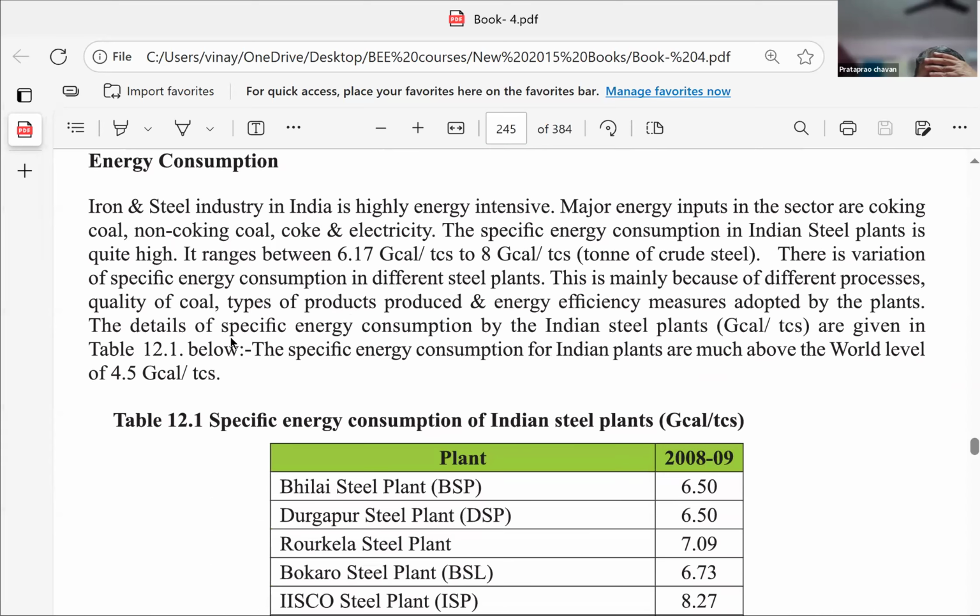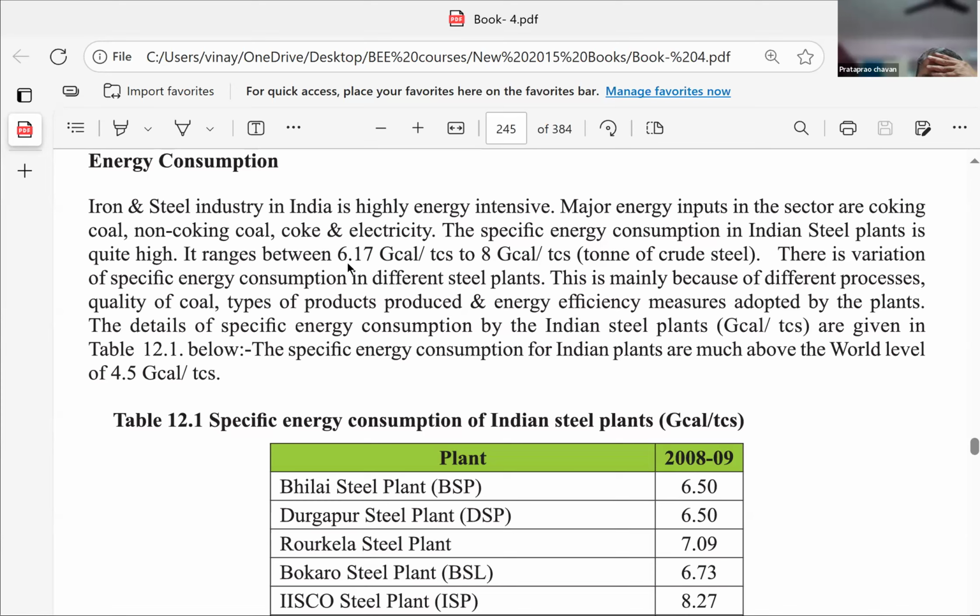Now let us come to the important portion, that is energy consumption. Iron and steel industry in India is highly energy intensive. Major industry inputs in the sector are coking coal, non-coking coal, coke, and electricity. The specific energy consumption in Indian steel plants is quite high.